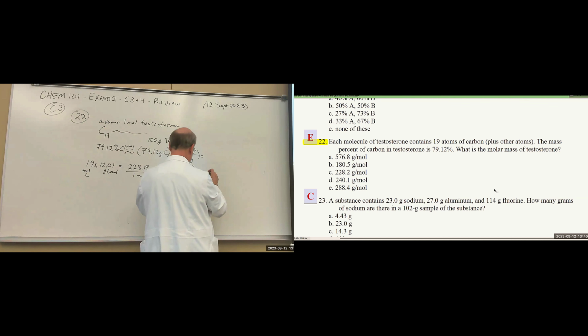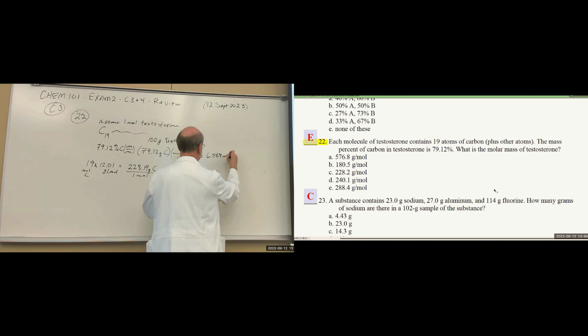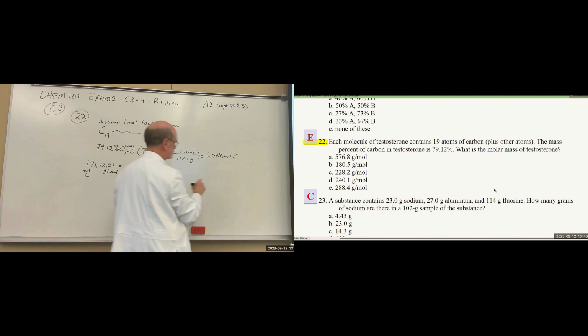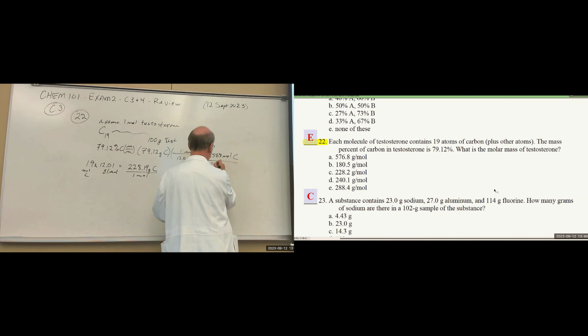That would be 6.588 moles of carbon in a 100-gram sample of testosterone, per 100-gram sample.